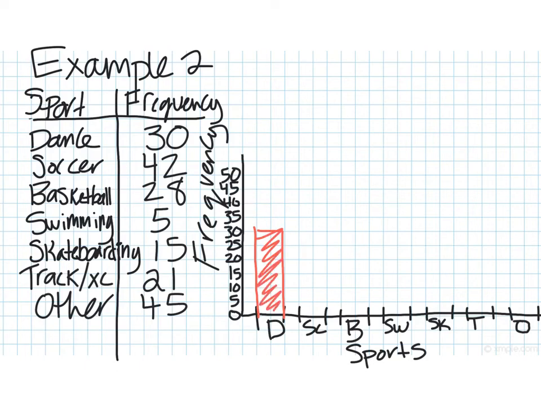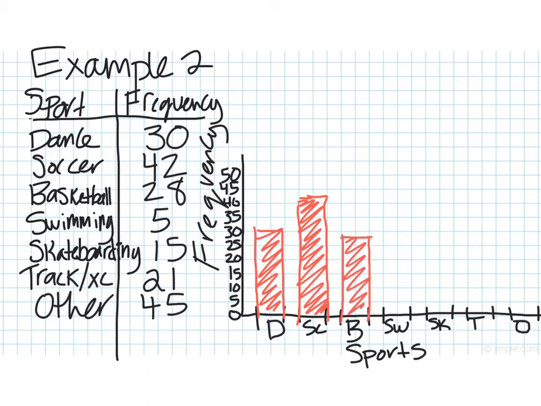But soccer's at 42, and that's not one of my lines, so I'm just going to make it slightly above the 40 mark. And I'm not going to worry too much about whether it is perfect. Same thing for basketball. That one's going to be almost at 30 because it's at 28. No way to make it exact, and that's fine.